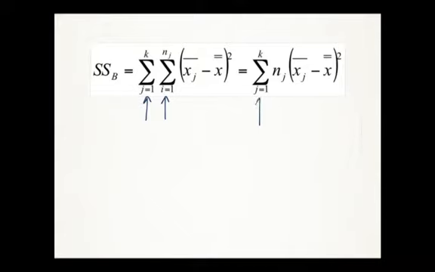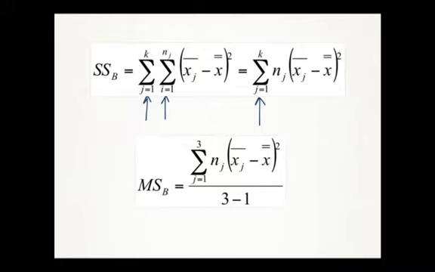I can just make it a sum over groups in this fashion, and then I can look at the equivalent. This is called the mean square error between groups.